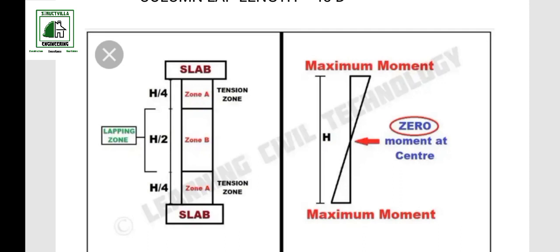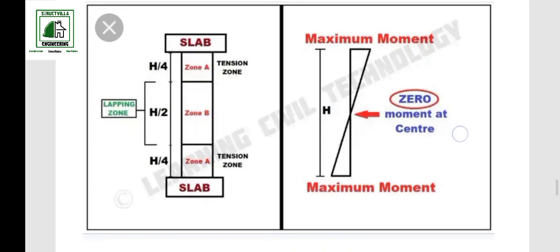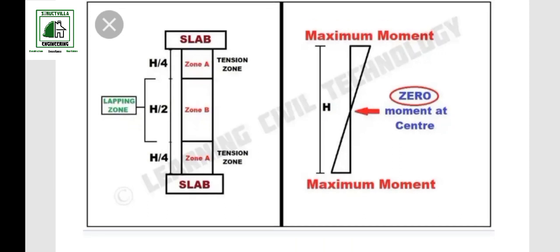And the height of zone A, if you want to know the measurement for your zone A, zone B, and all that, the diagram to my left gives us the formula for calculating the height of the individual zones in the column. So for zone A, the height is equal to height divided by 4. So let's say we have a height of 4 meters, right?